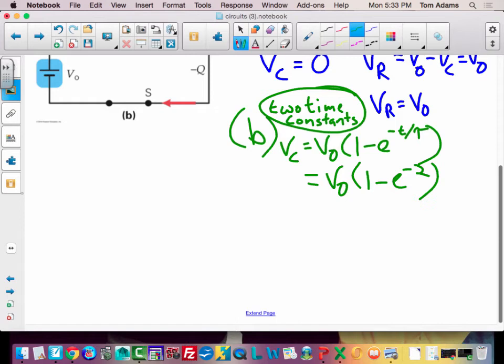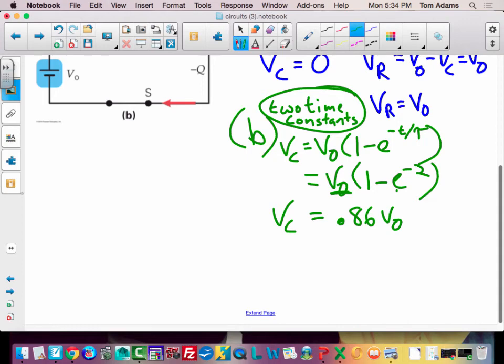If you crank through and do the math, we don't know what the initial voltage V is, but remember e is a number, right? So we could plug that in a calculator and we would get about 0.86 times the initial voltage.